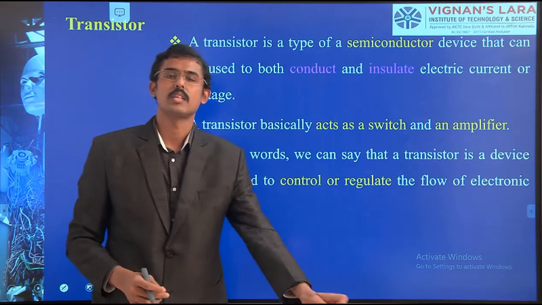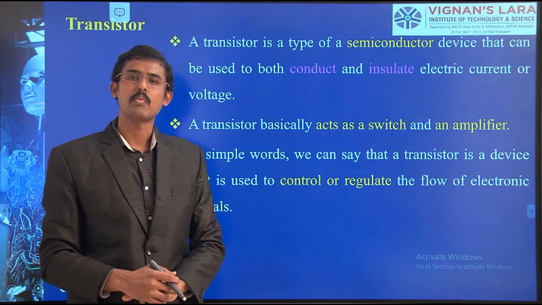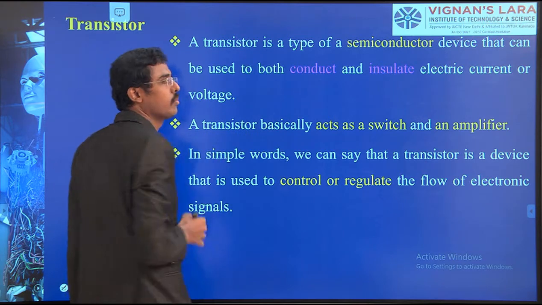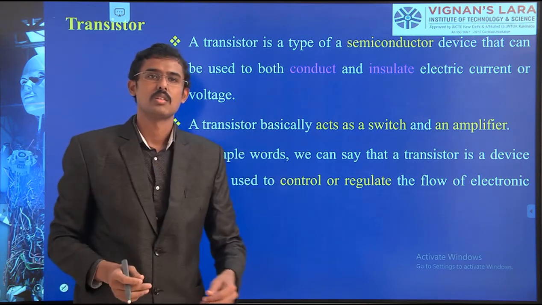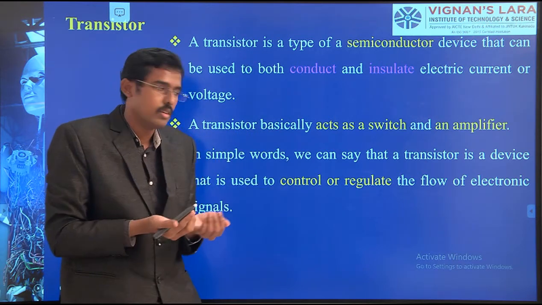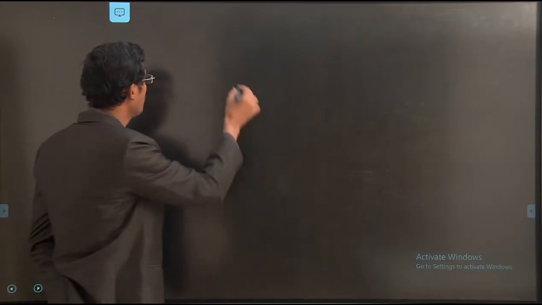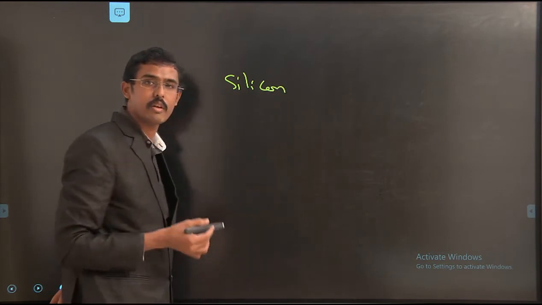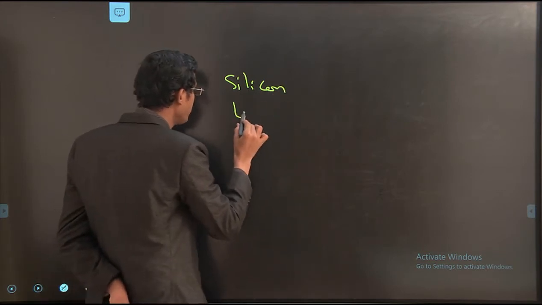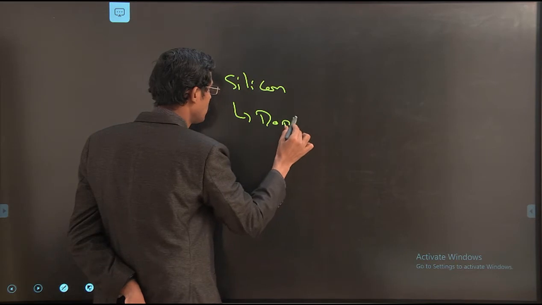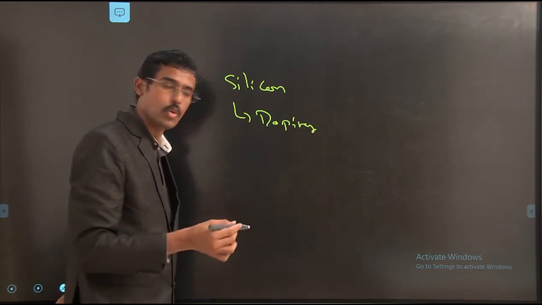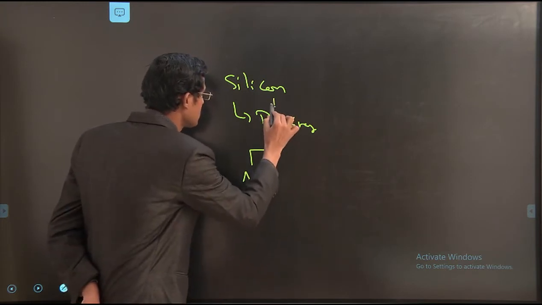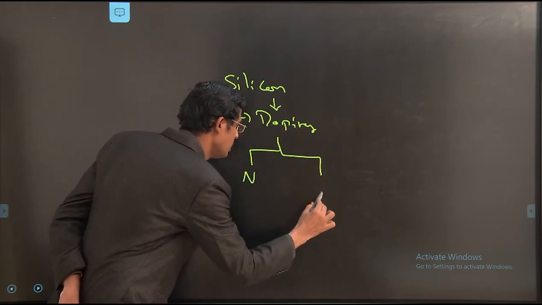In continuation with the N-type and P-type semiconductors, we have also connected the PN junctions. First we have taken silicon, and then from there we have done a doping process to make it N-type, or otherwise we have converted it into P-type.